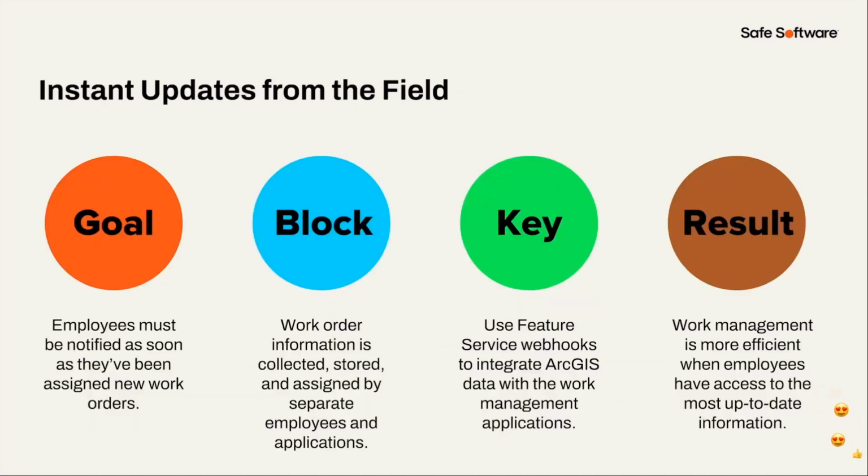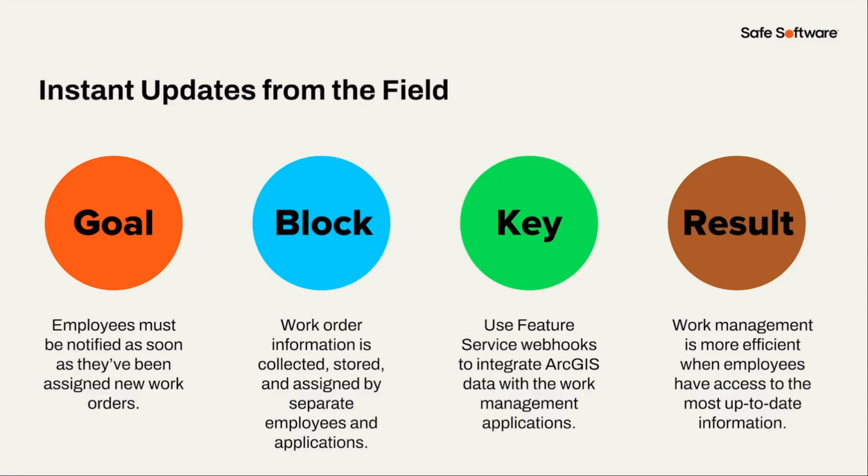In this demo, we'll be using the feature service webhook to solve a pretty common problem. The applications and people responsible for different parts of a workflow are separated and the data isn't communicating between those systems. So we have a work team maybe using one application to collect data, and another team that needs to access that data in a separate application in order to do their work.